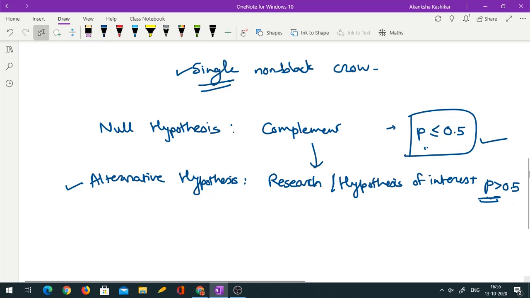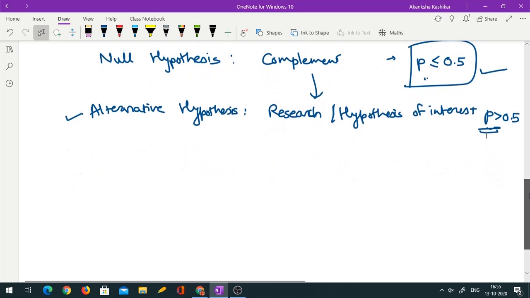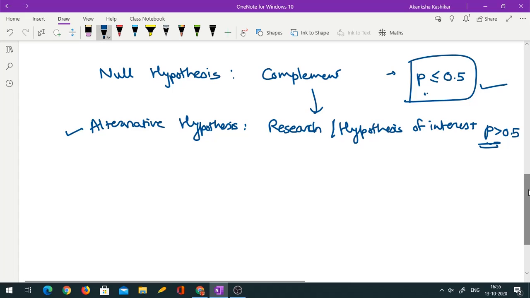So you have to always remember, whatever is of interest is generally the research hypothesis, and it is generally taken as the alternative hypothesis and not the null hypothesis.